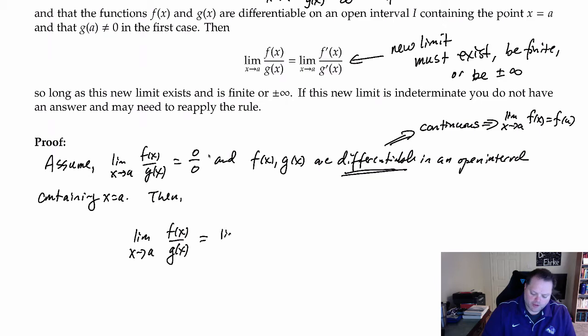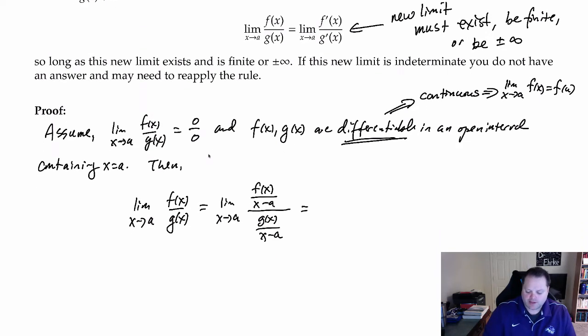But first, what I want to do is this. I'm going to take f of x, and I'm going to divide it by x minus a. And I'm also going to divide g of x by the same thing. So basically, I just divided the top and bottom of this expression by x minus a.